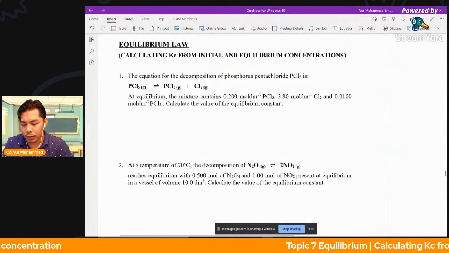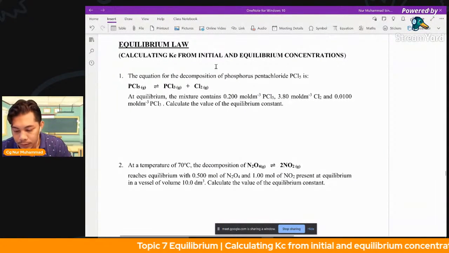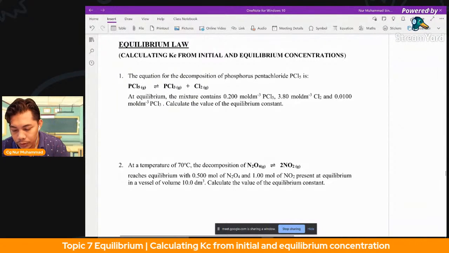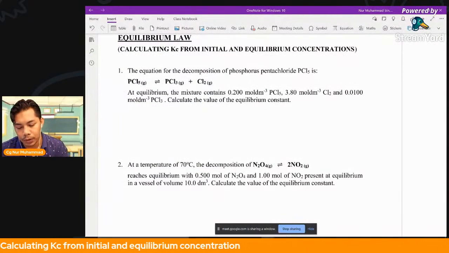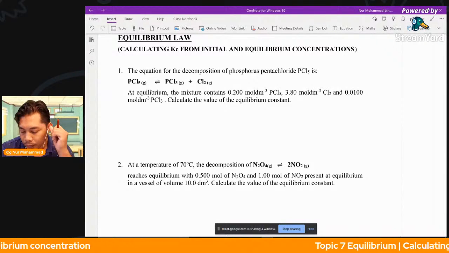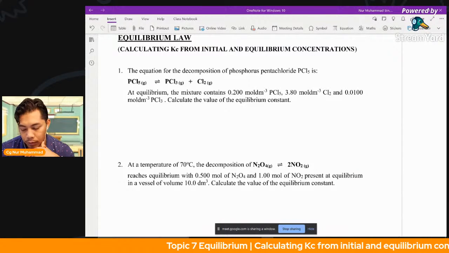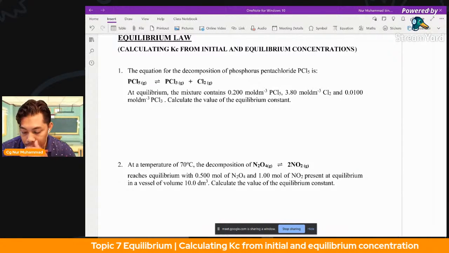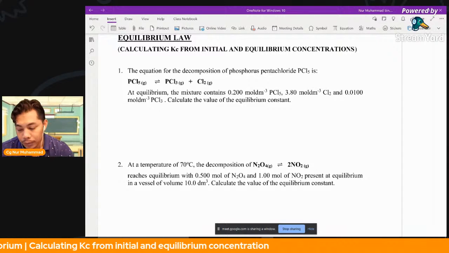Okey jom kita tengok question number 1. So the question is the decomposition of phosphorus pentachloride, PCl5. This is decomposition lah, and the reaction is reversible reaction. So at equilibrium.